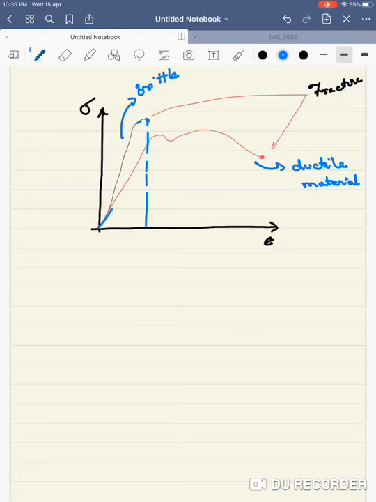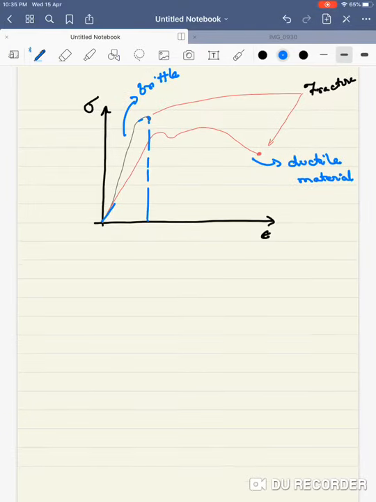You may have a situation where yielding, for both these ductile materials and the brittle material, may occur around the same value. But from this quantitative graph, you can see that the ductile material can probably absorb more energy before it fails than the brittle one.